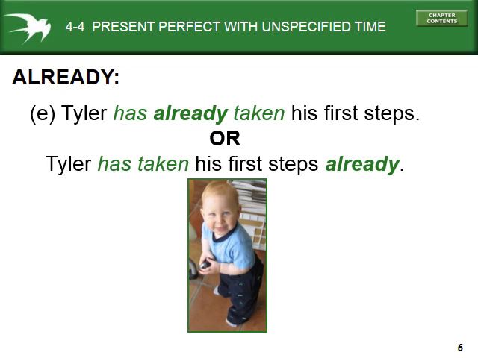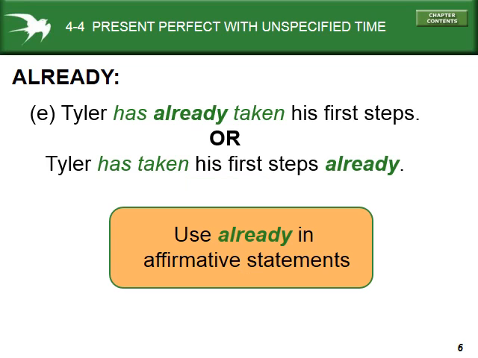You'll notice that there's 2 ways that we can put this. We can put the already after what we're going to call the helping verb has, or we can put it at the very end of the sentence. What is generally not appropriate is to say Tyler already has taken his first steps. You may hear that, but it's not as common a formation.